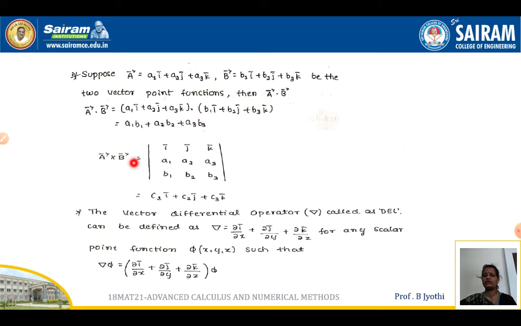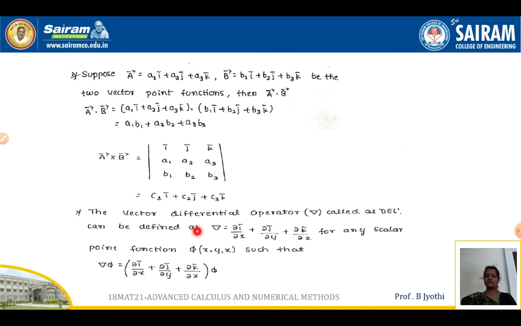And we know already how to find the determinant of this, that is i times of a2 b3 minus b2 a3, minus j times of a1 b3 minus a3 b1, and plus k times of a1 b2 minus b1 a2. Instead of writing all that, we can simply name it as c1 i plus c2 j plus c3 k. And anyway, we know how to find the determinant.